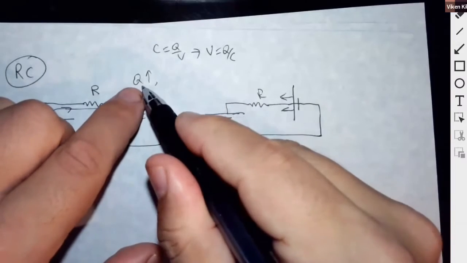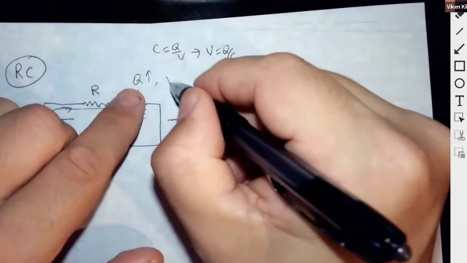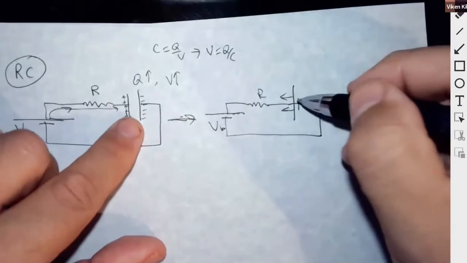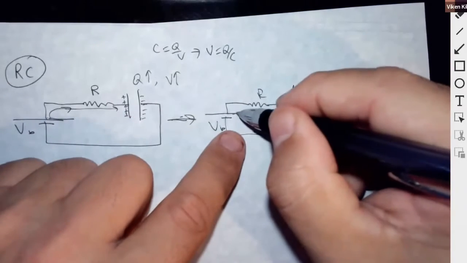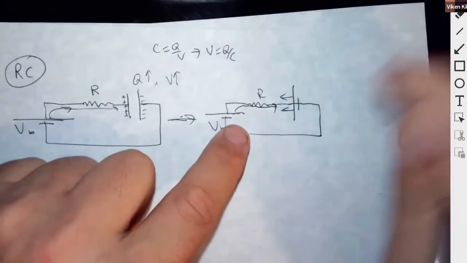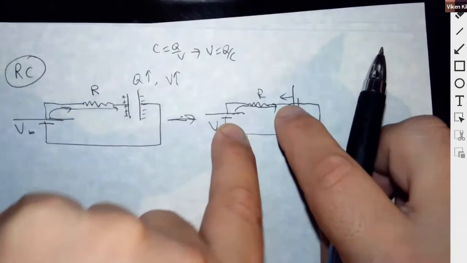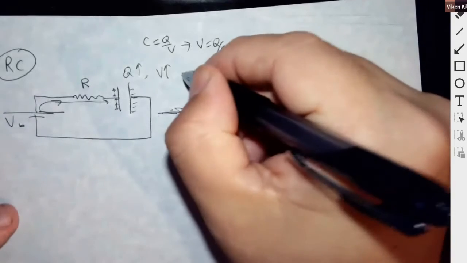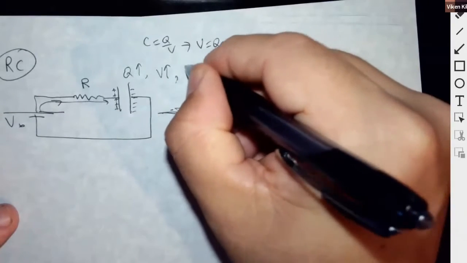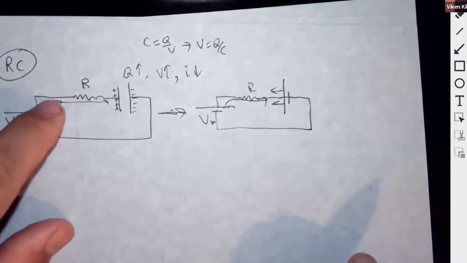So as the charge is building up, I'm expecting the voltage to also build up. And then what's going to happen to the current? Because it's behaving like an opposite battery to the original battery, I expect the current in the circuit to drop as a function of time.